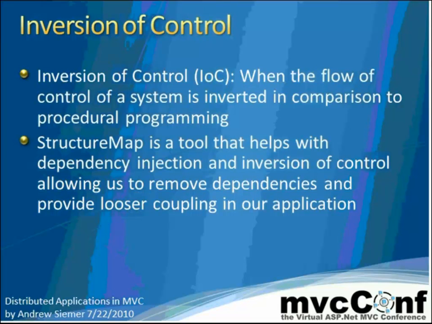Well, rather than having to go into my constructor for the product search service and say, product repository needs an instance of configuration service, so I'm going to pass into my product search service the configuration and the product repository, I don't have to do that. StructureMap will say, oh, you want an instance of product search service. I happen to know that the repository also requires an instance of configuration service. I'll go ahead and take care of that for you.